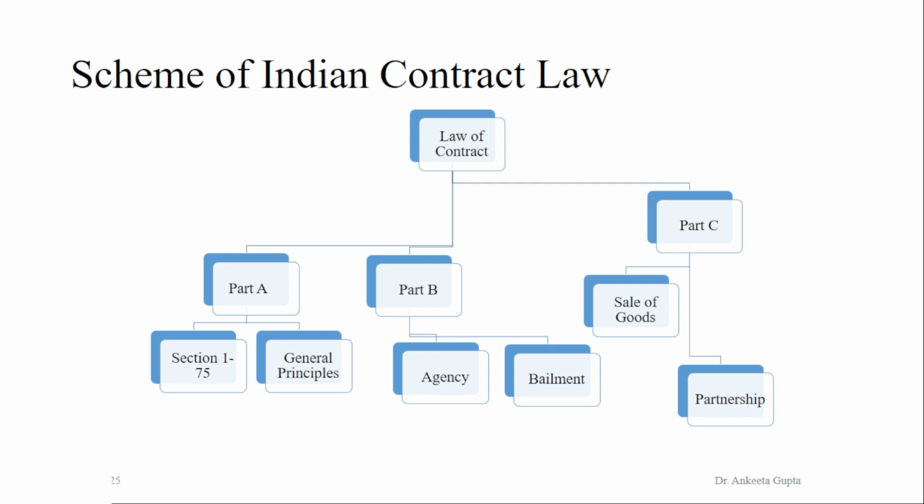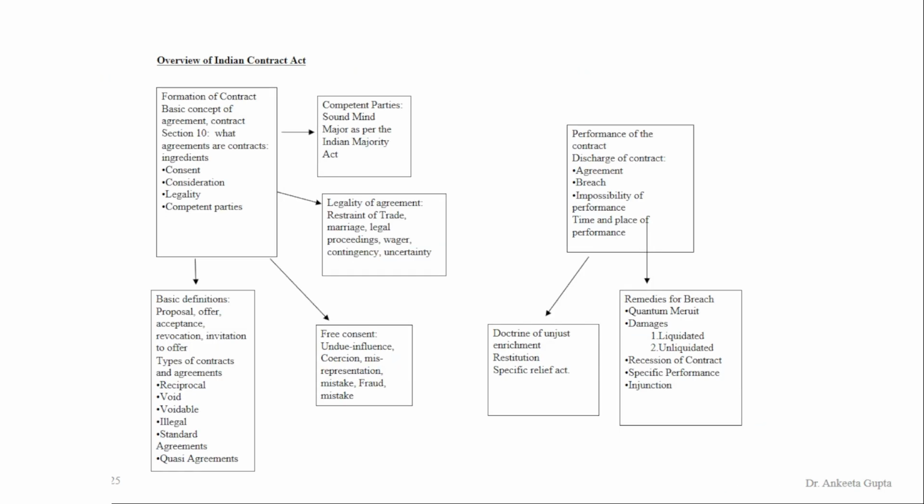Now, when I start with the law of contract, a very brief overview is something that I would like to give you. When you look at the law of contract, the first concepts that we look at, from sections 1 to 10, are the methods, the manner in which the contract gets formed.